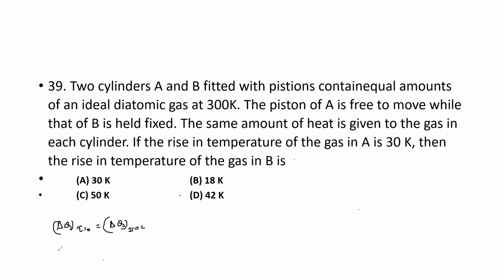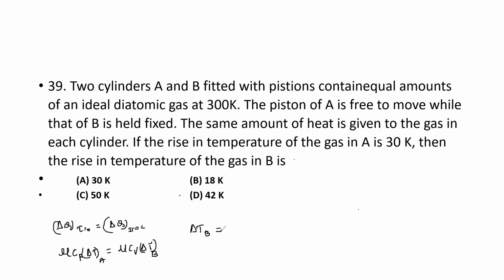Okay, so write the equation for delta Q. Here pressure is constant, therefore the equation becomes mu Cp into delta T of A is equal to mu Cv into delta T of B. We need to calculate the temperature of B. Therefore, simplify this equation for delta TB.